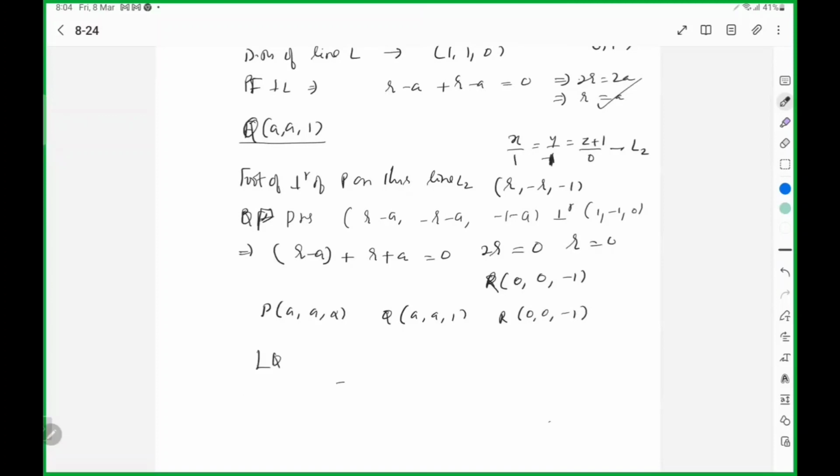So angle QPR is 90 degrees. A1, 0, 0, minus. Perpendicular to PR.